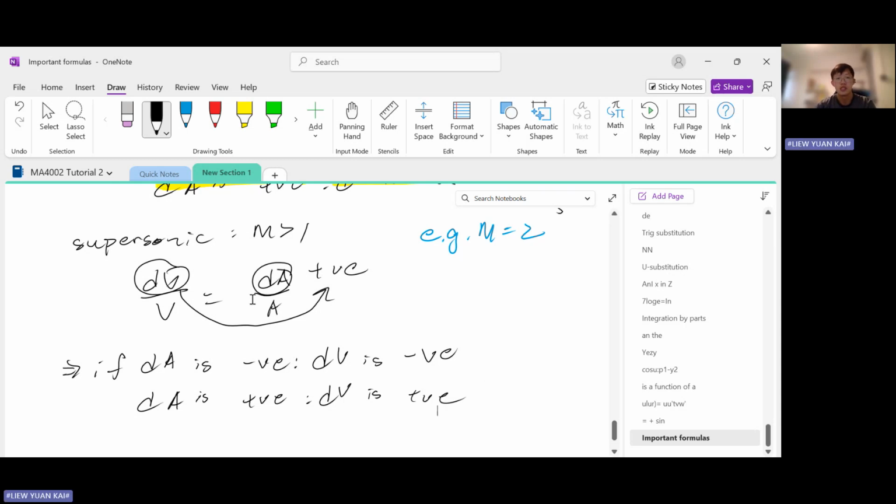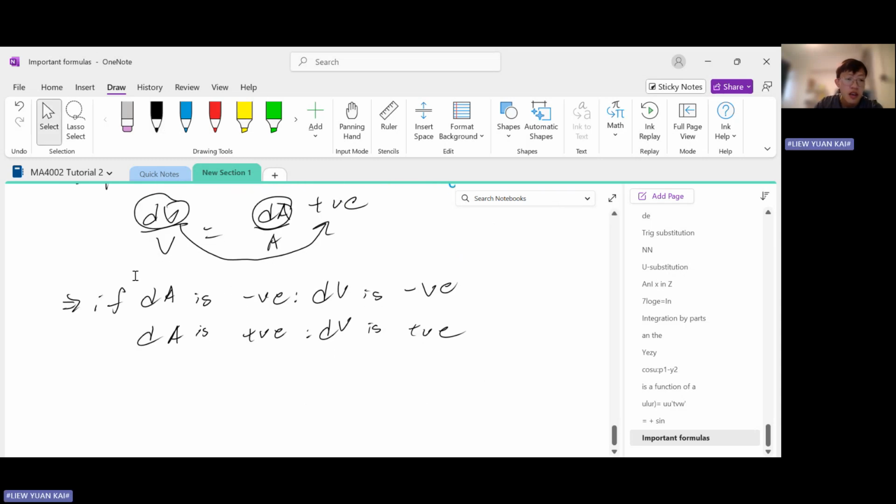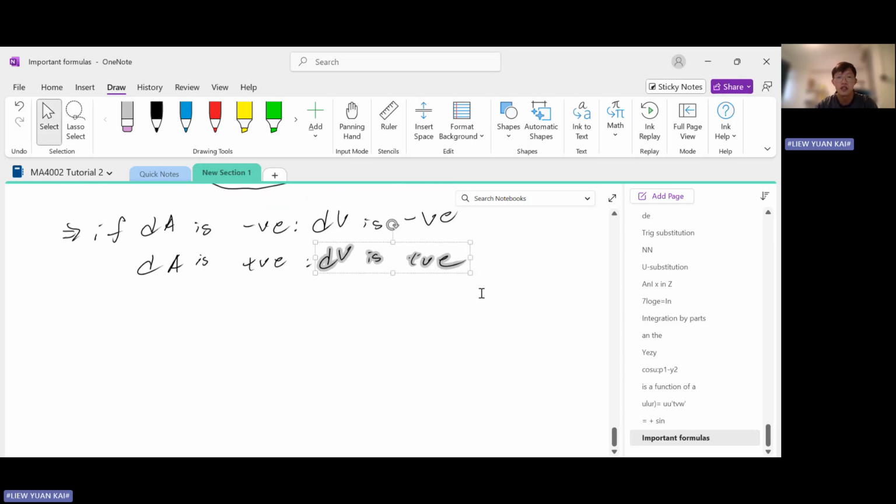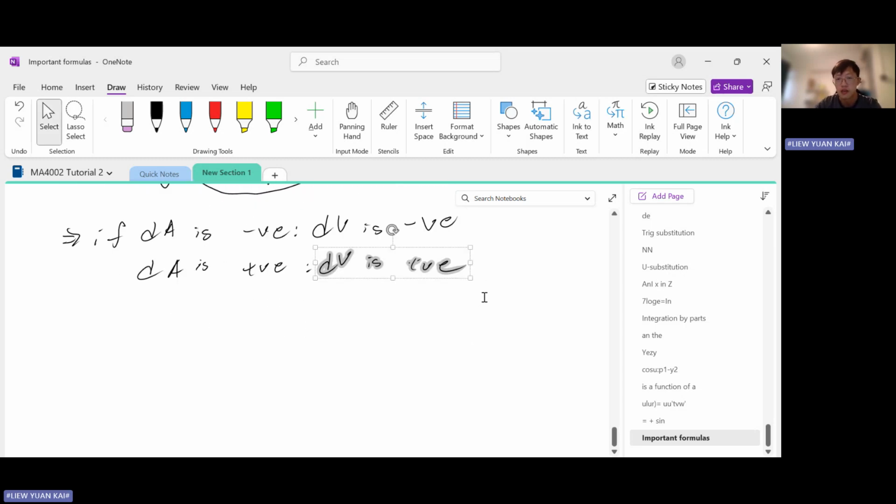Now what does this mean from a qualitative standpoint? When the area of the nozzle is decreasing, the velocity of the gas is decreasing. When the area of the nozzle is increasing, the velocity of the gas is also increasing. This doesn't make intuitive sense from what we know, right?